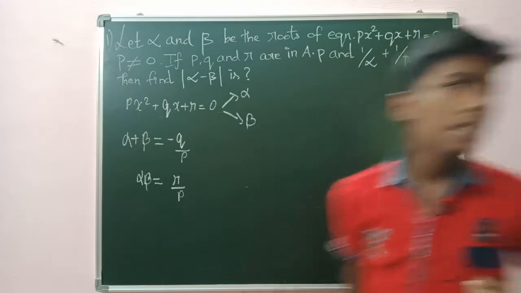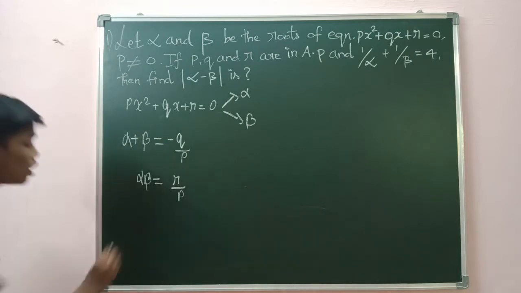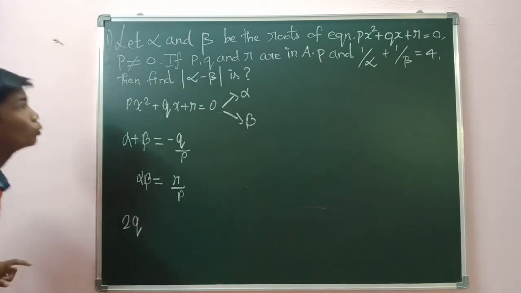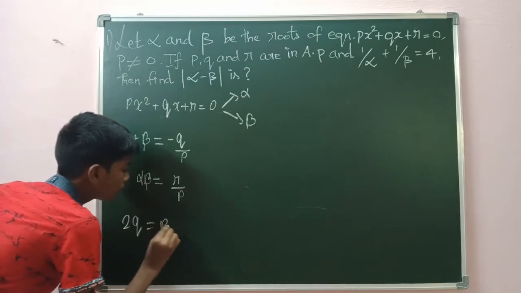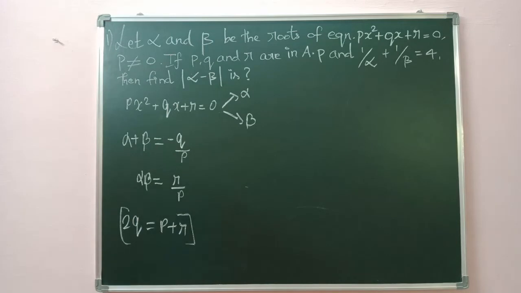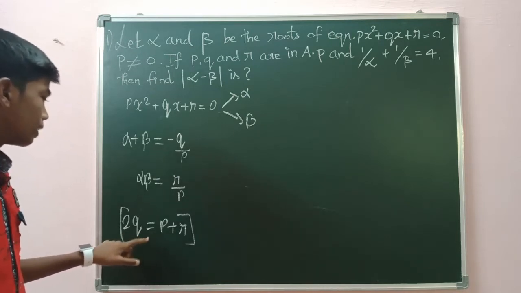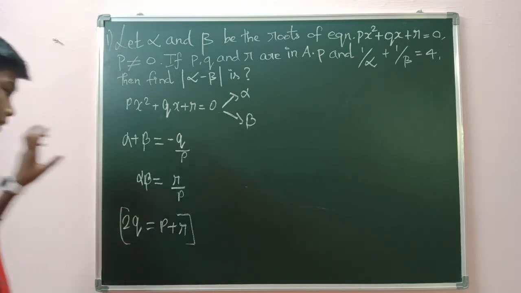So now, in the question it is given that p, q, r are in AP. If p, q, r are in AP, then twice your middle term, that is 2 into q, will be equal to the sum of the terms that are left out. Correct? You guys think carefully: twice the middle term is the sum of the first term plus the last term.